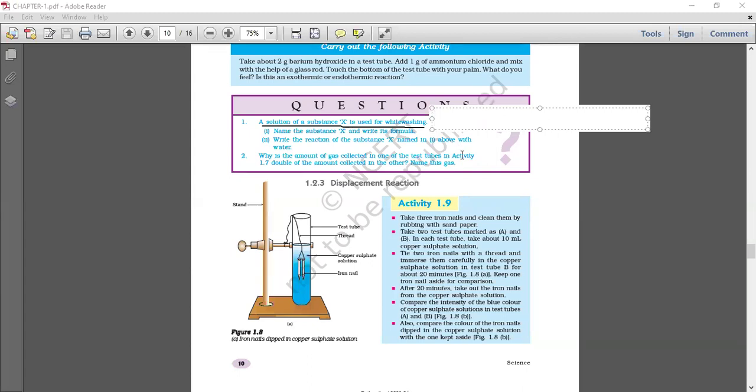So I'll write the answer here: calcium oxide, or quicklime, and the formula is CaO. So substance X is calcium oxide, and he's asking to write the name of the substance and its formula. We used it for whitewashing.